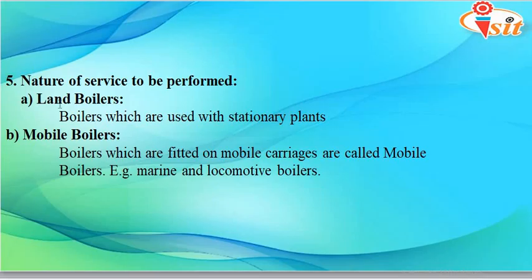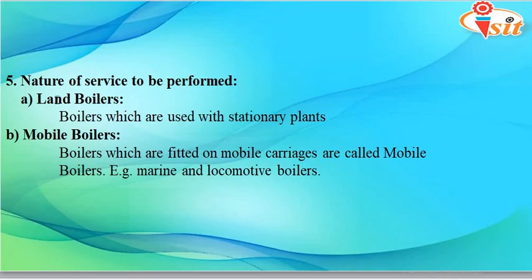Such types of boilers are called land boilers, where the location of the boiler cannot be changed. Whereas mobile boilers are used in applications where they are transferred continuously. The best example of such a boiler is the boilers used in locomotive or marine applications. Here the boilers are fitted on mobile carriages and they are called mobile boilers.